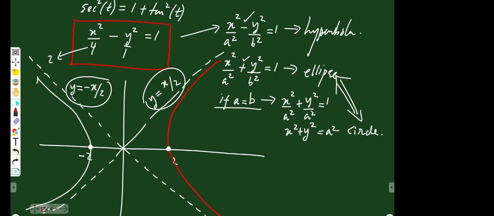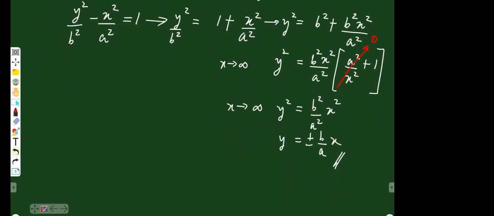Okay, so let's think about this now. Displacement vector, right?